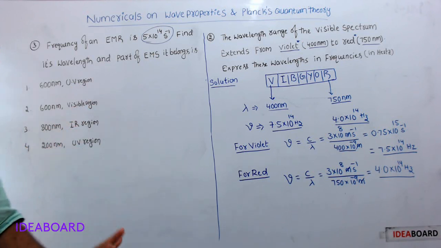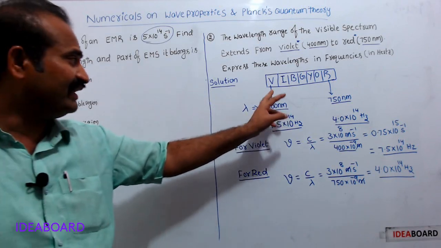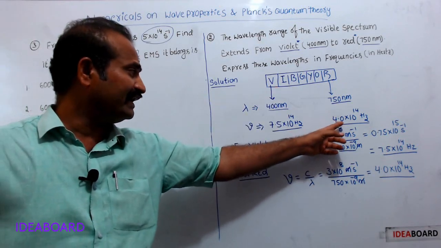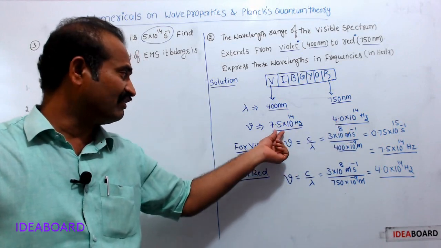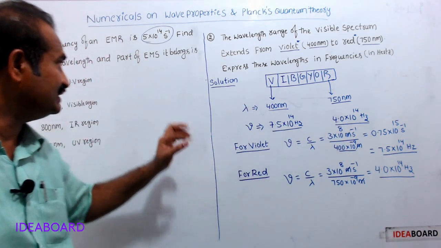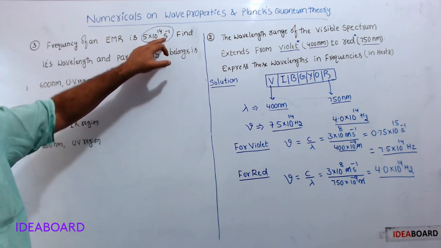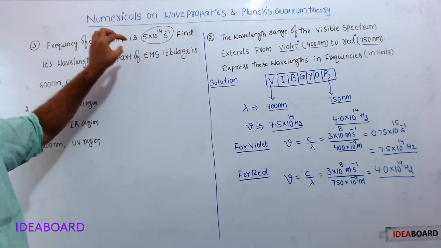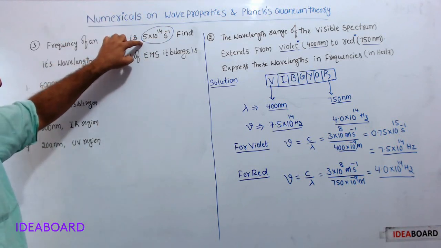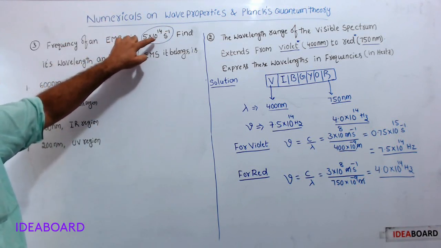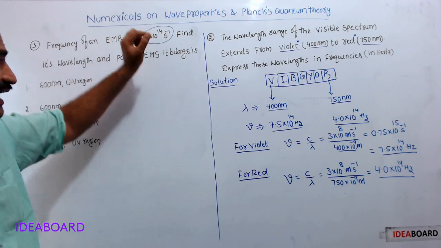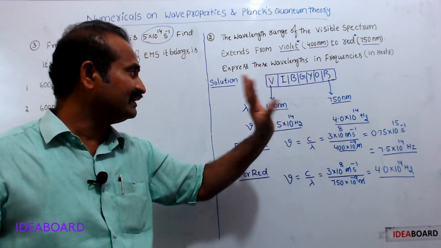Here we know the visible region frequency range is 4.0 into 10 power 14 hertz to 7.5 into 10 power 14 hertz. The given frequency is 5 into 10 power 14 hertz. Second inverse means hertz only. This value lies in between these two.